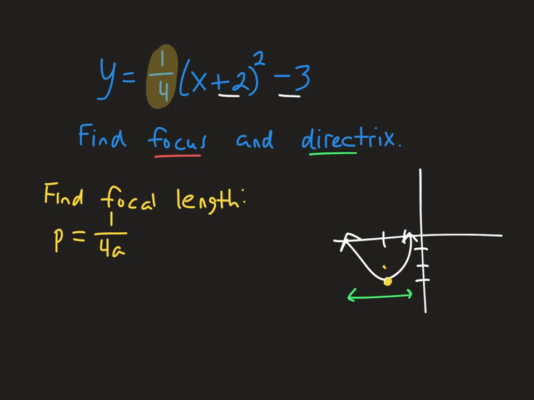So p is going to equal 1 over 4 times the a value, which was 1/4. And 4 times 1/4 in the denominator is just 1. So our focal length is 1.